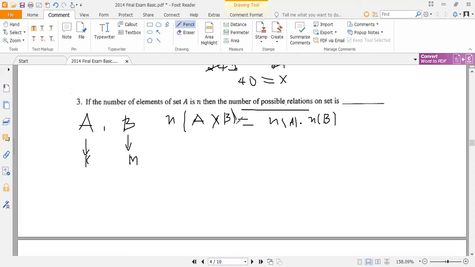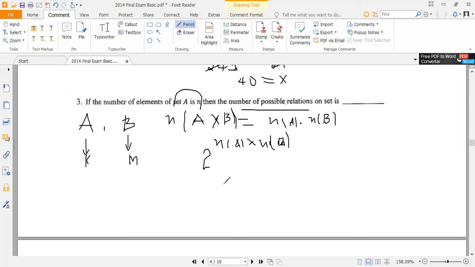The number of relations formed by sets A and B is 2 to the power of the number of elements of A times the number of elements of B.